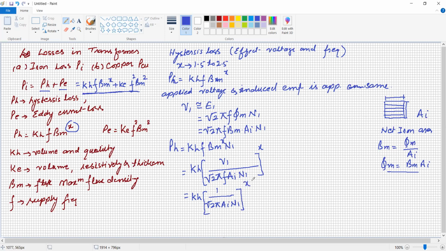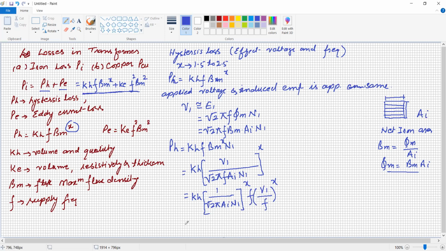raised to x, into frequency f, V1 upon f raised to x. So what is the change? 1 upon f is as it is. Only by multiplying the equation by f and dividing the equation by f, so there is no change.